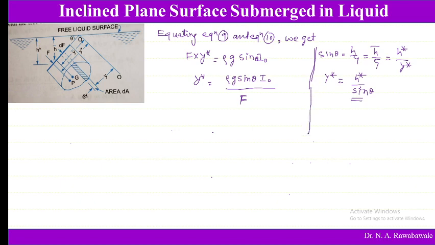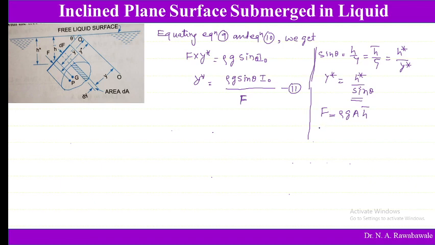And in place of force F, we know F is equal to rho G A H bar. So substituting these values in this equation, say equation number 11, we are going to get.